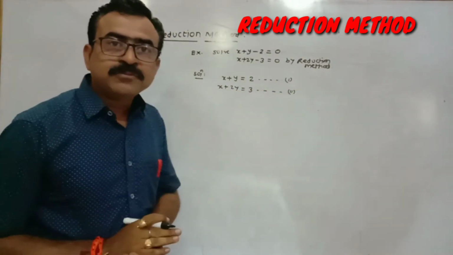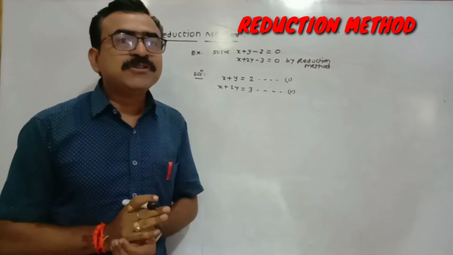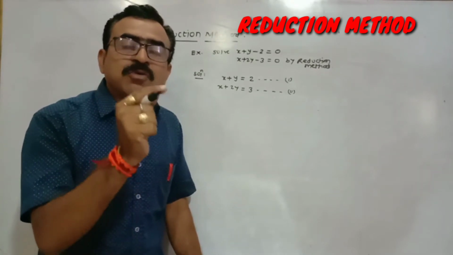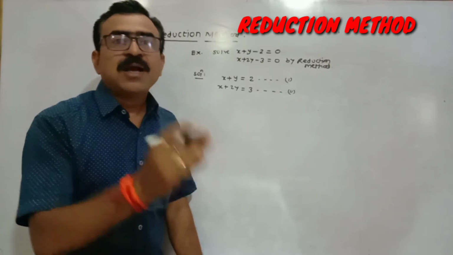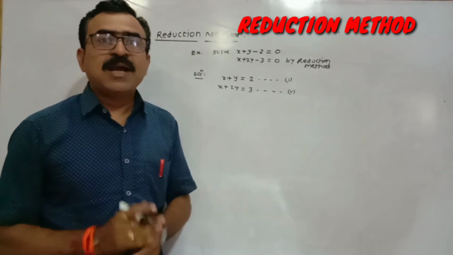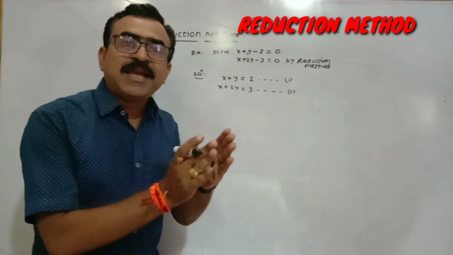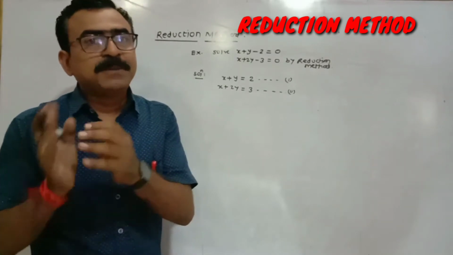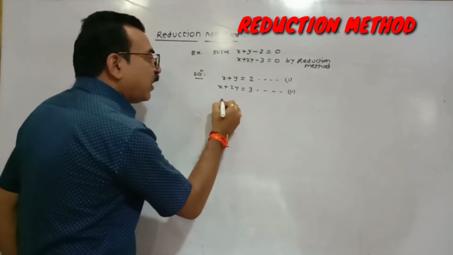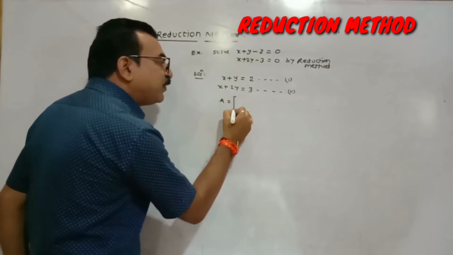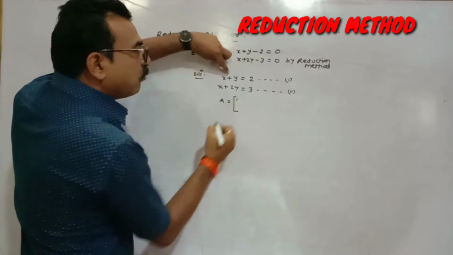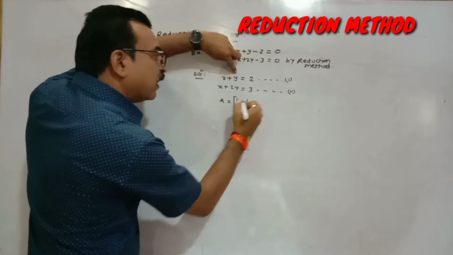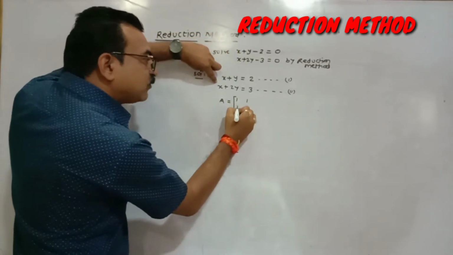Got it? Now your second rule is now form coefficient matrix, variable matrix and constant matrix and represent them by A, X and B. Okay. So A means coefficient matrix. So what is the coefficient of x? 1. What is the coefficient of y? 1. What is the coefficient of x? 1.